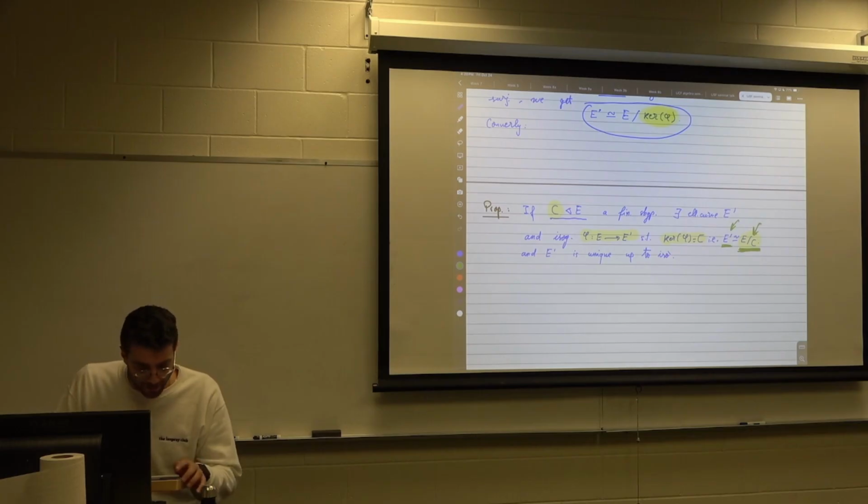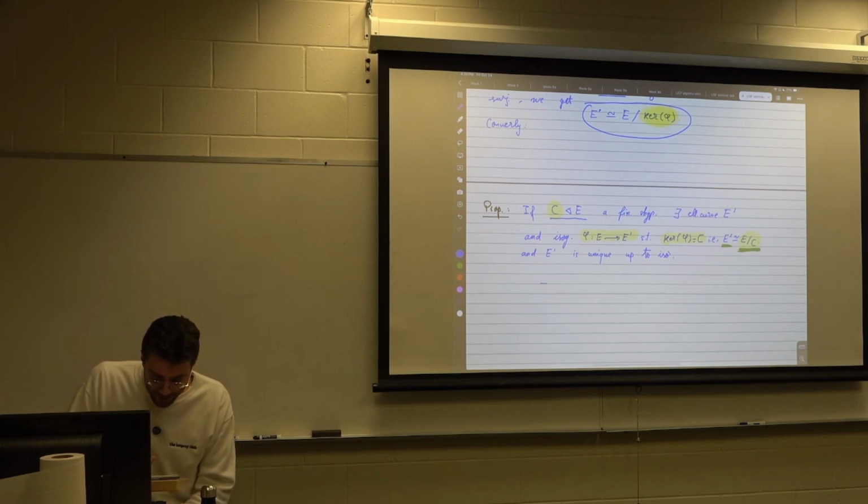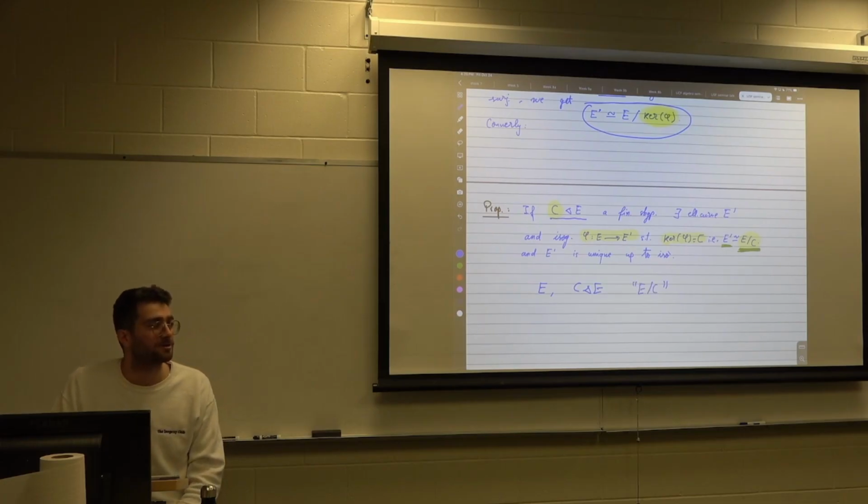So let me erase a lot of what I've written here. The idea is if you start with E and take C inside of it, you want to be able to say E modulo C is an elliptic curve. This is what you want. But that's not necessarily always the case. But there is an elliptic curve that is isomorphic to it.